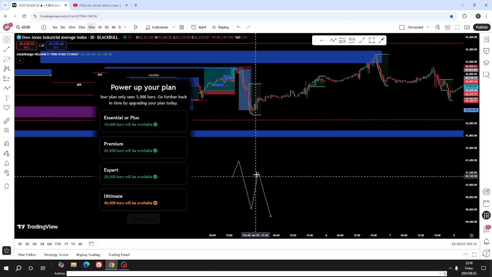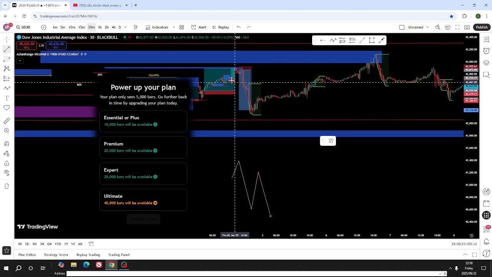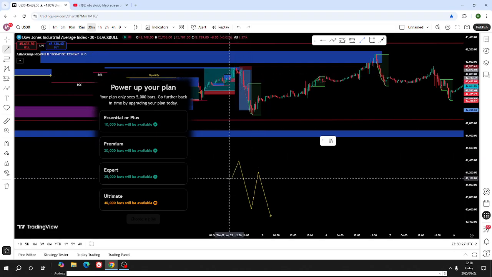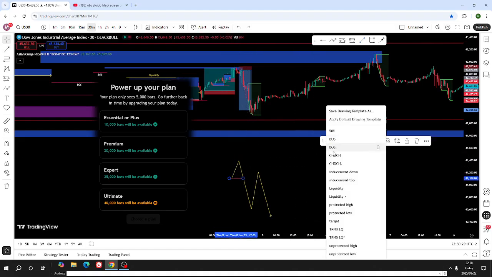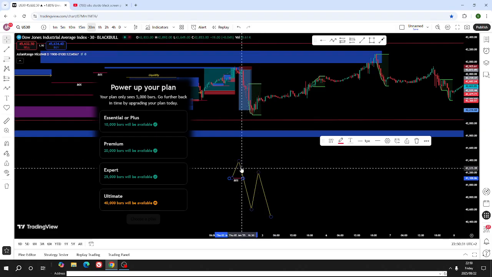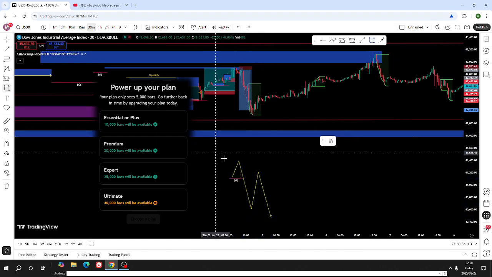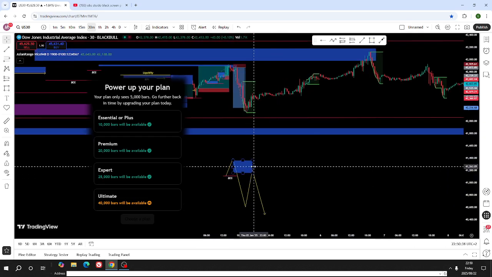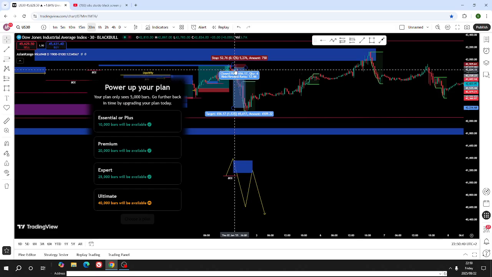On 5 minutes, this push towards this order block that broke structure, because as you can see over here, we broke this low. We broke some sort of structures right over here. We left an order block. So from here to here, it's this candlestick.